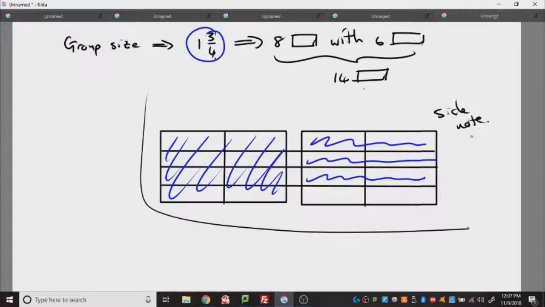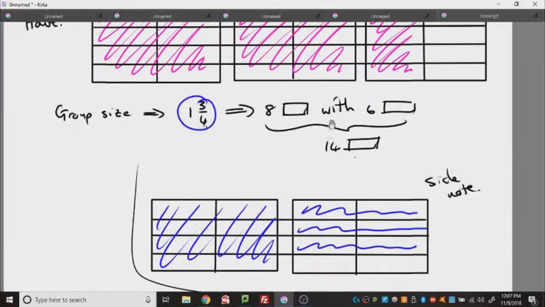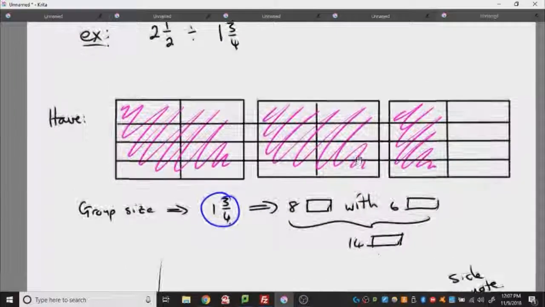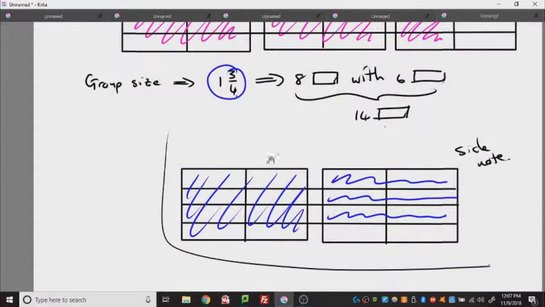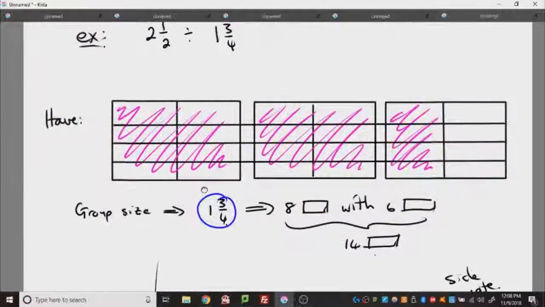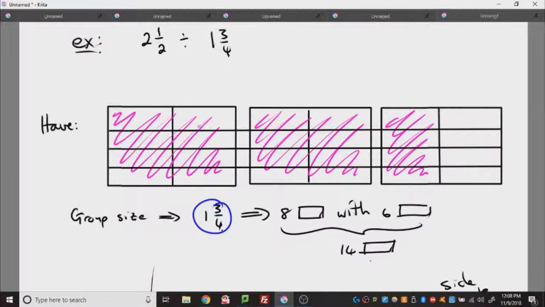Side note. Now I figured out it's 14. So I'm going to make groups of 14. Maybe blue, because that's exactly the group size. 14, oh, that's a lot. That's going to be all of this rectangle, which contains 8.